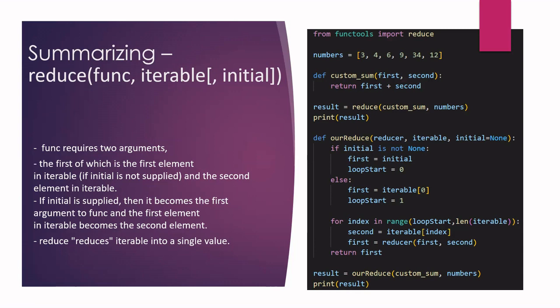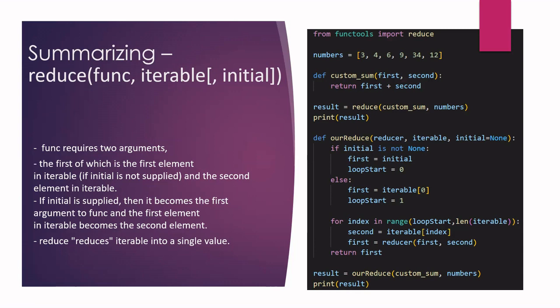Okay, so in order to start, we either have to start with the first and second elements, and then we keep shifting like this, or we start with something initial that is outside of the list. Okay, so our loop actually works like this.